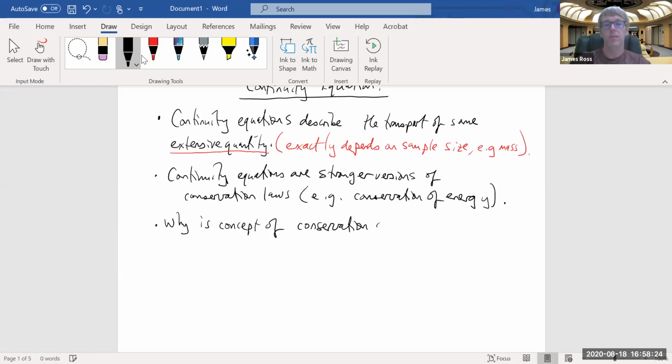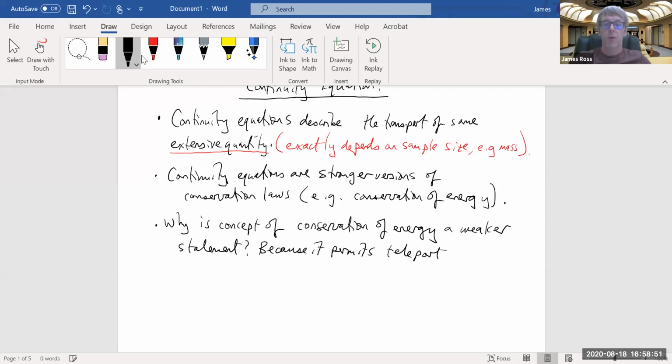Merely saying conservation of energy, why is that a weaker statement? Because it permits teleportation.